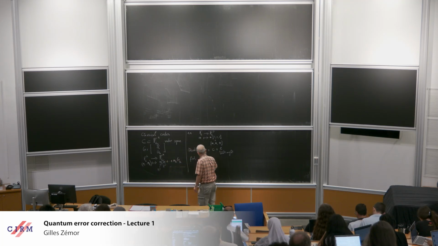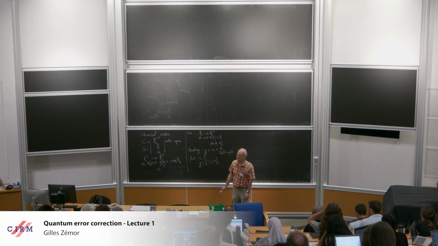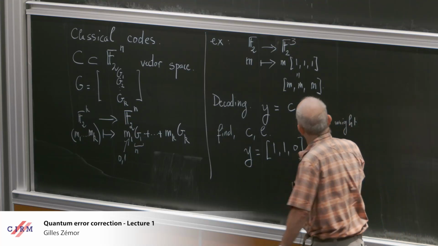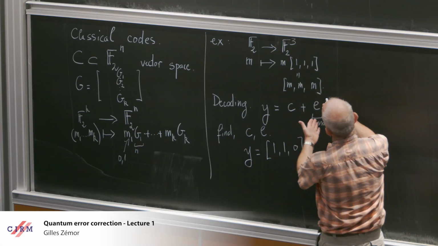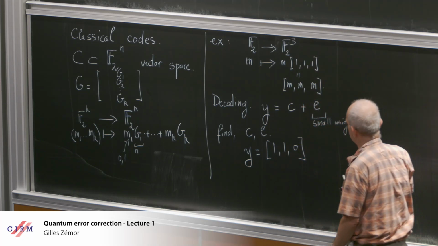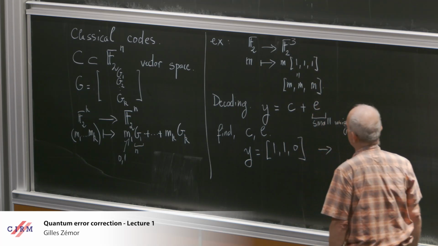For the repetition code, it's kind of very easy. For example, you receive this, and you have to find the closest code word, the smallest error vector that will get you to a code word.